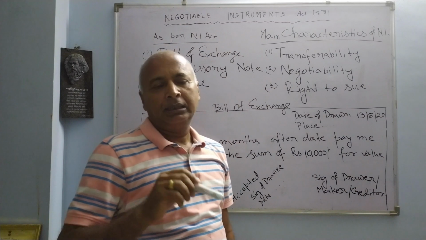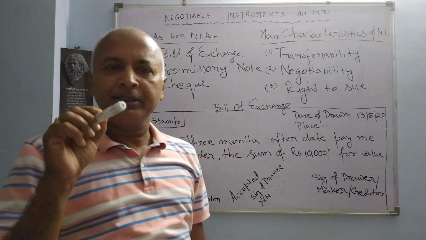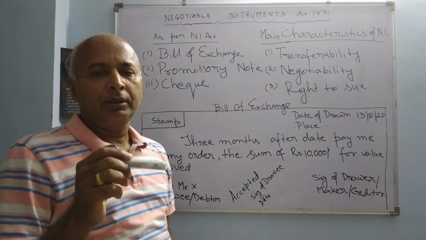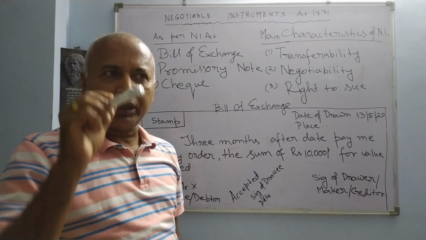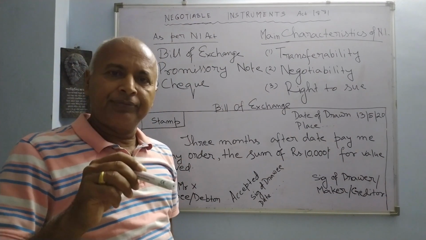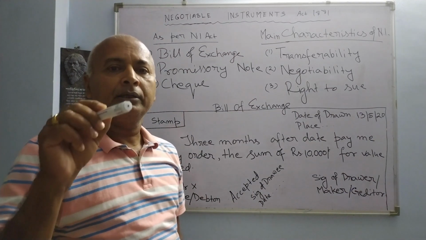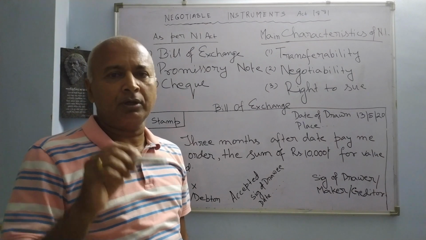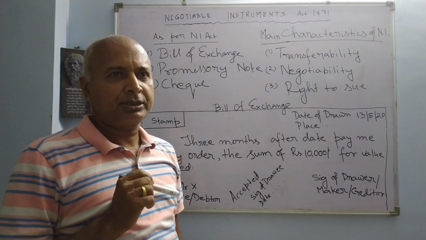That means if there is any defect on the part of the transferor, that defect cannot touch the transferee if he is a holder in due course. So this is the substance of our previous class.